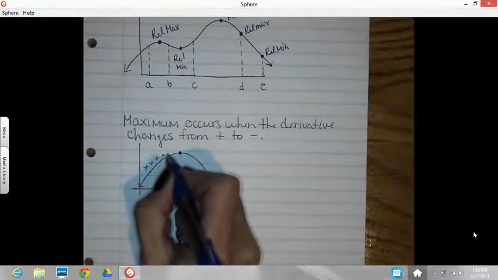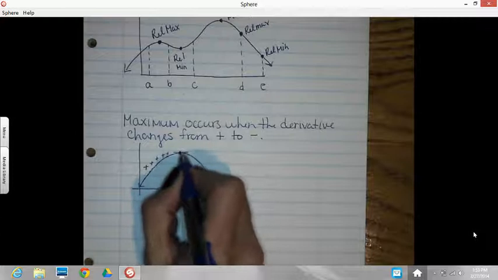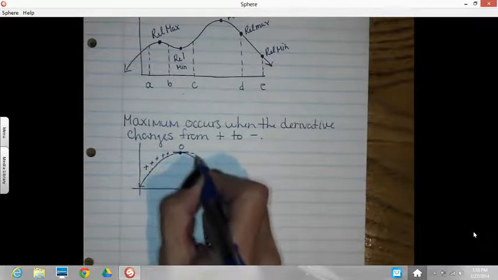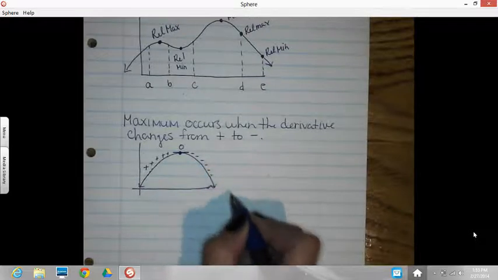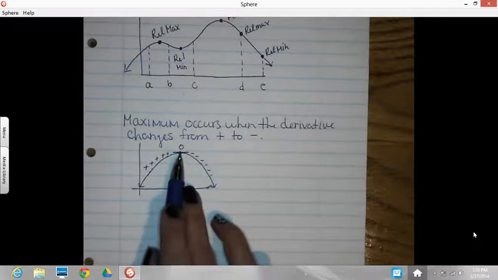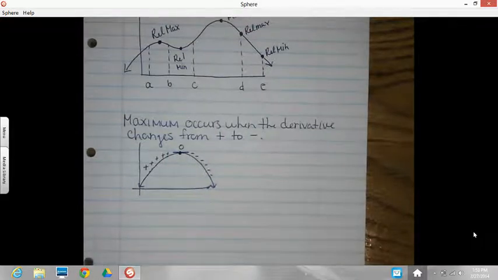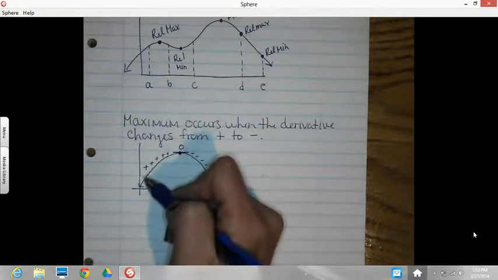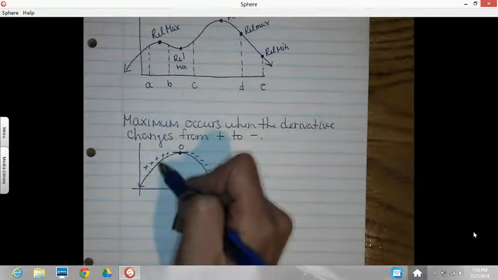But then after here, now I'm decreasing, all of my derivatives go to negatives all the way down, because it's decreasing. So when it goes from positive to negative, I know I'm going to have a max. So it's the slope of the tangent lines, remember, that we're talking about here. The slope of the tangent lines are all positive because they're all going uphill. After this, they're all going to be going downhill.